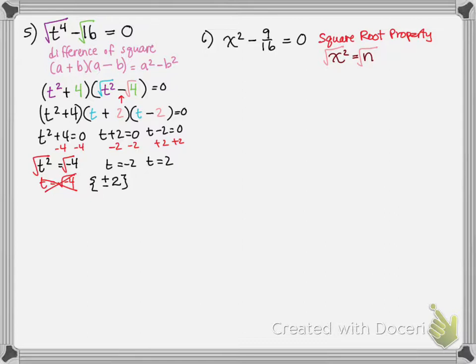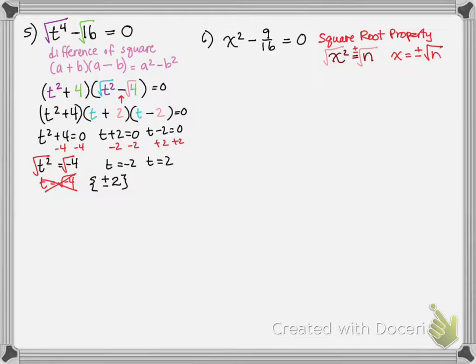A negative times a negative is a negative? No, it's a positive. So that's what we're going to get. So in other words, x is going to be equal to, because the square root of x squared is x, we take the exponent, cut it in half, and then whatever the square root of that n value is.